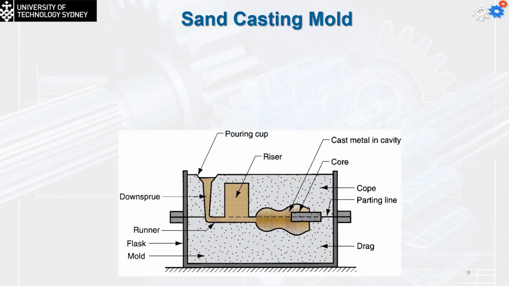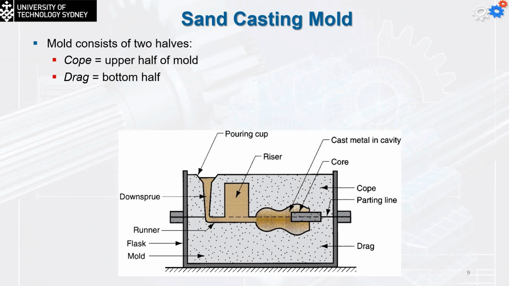So in the sand casting mold, that's the shape we are going to have. The mold is going to consist of 2 halves. The upper side, as you can see, is going to be called the cope. Now you can see the third word from the top on the right side is the cope. The cope is the upper side of the mold.